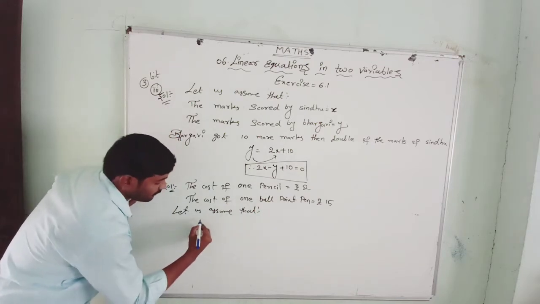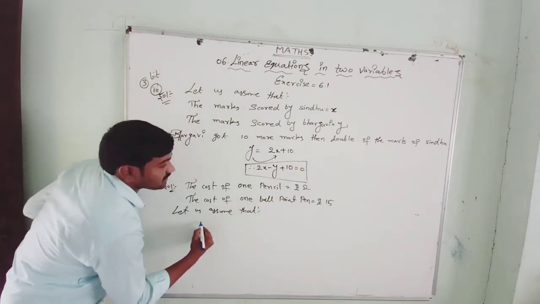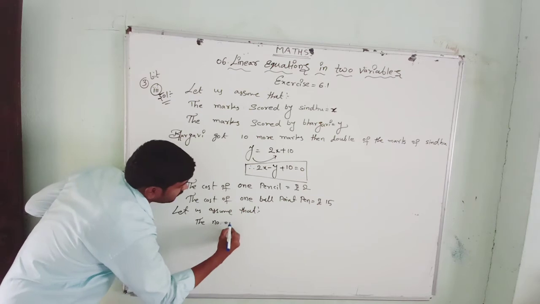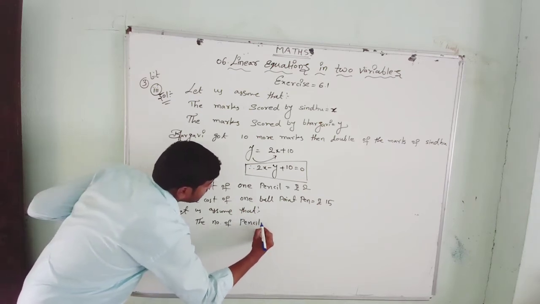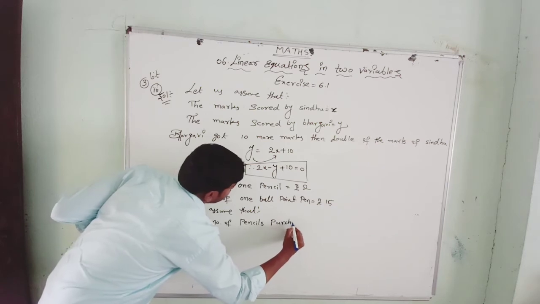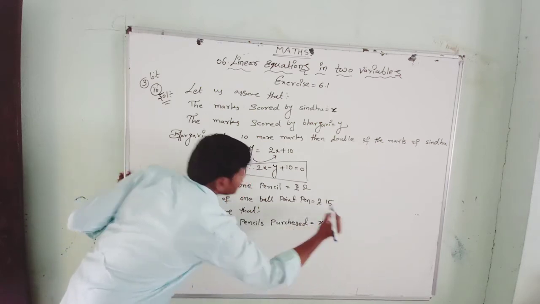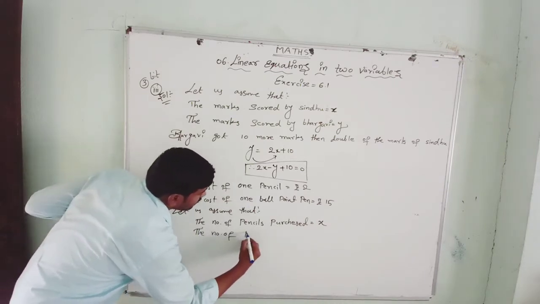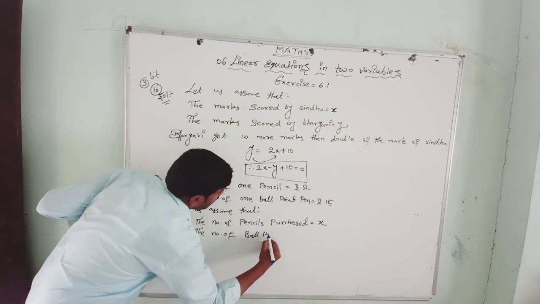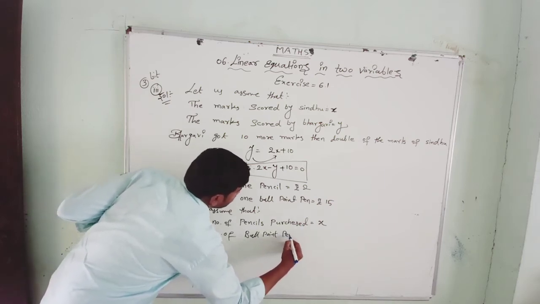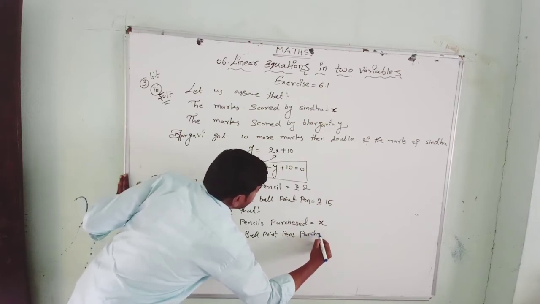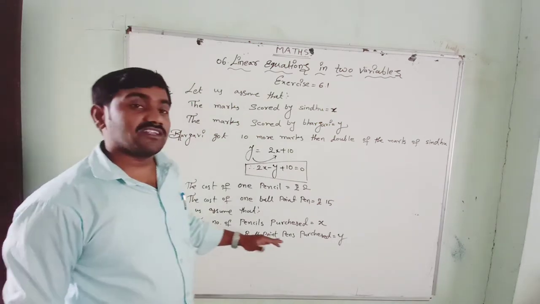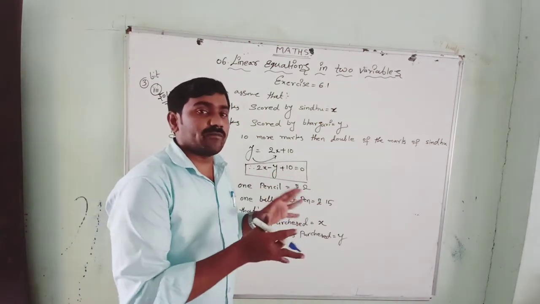Let us assume that the number of pencils purchased is equal to x pencils, then the number of ballpoint pens purchased equal to y. Okay, she has purchased x number of pencils and she has purchased y number of pens.